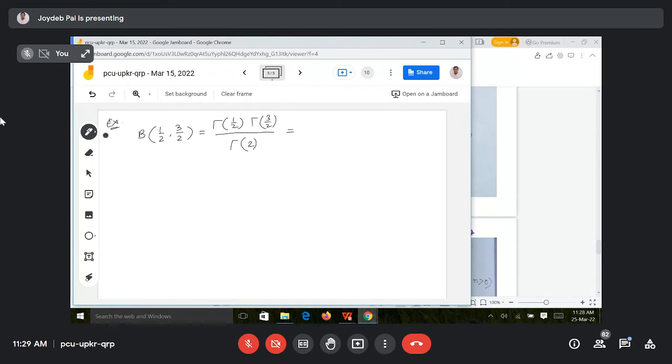Gamma half means root pi, and gamma 3 by 2 means what? Can I write gamma 3 by 2 is equal to half gamma half?